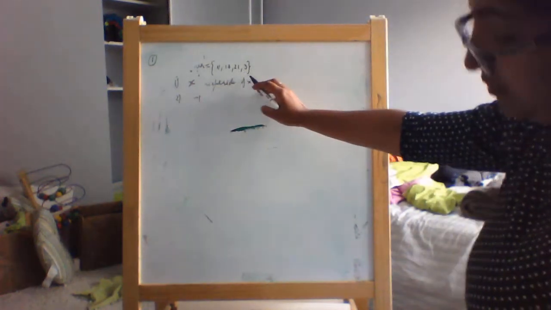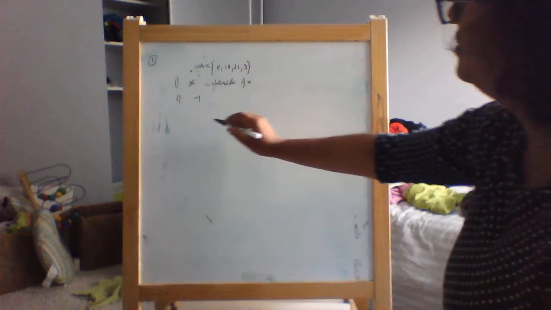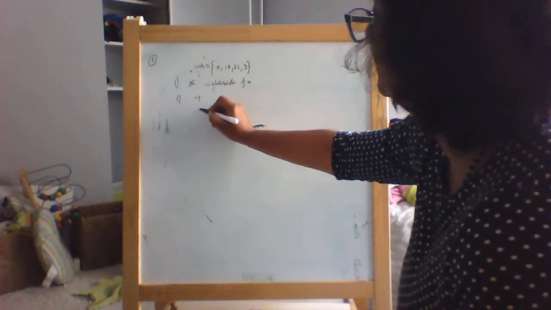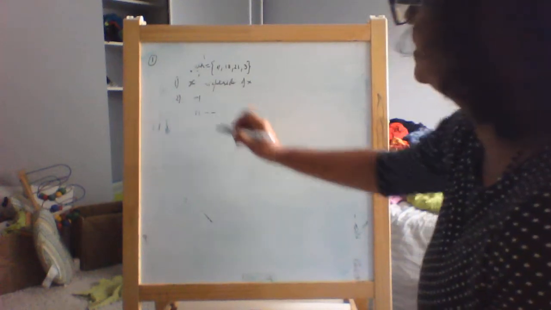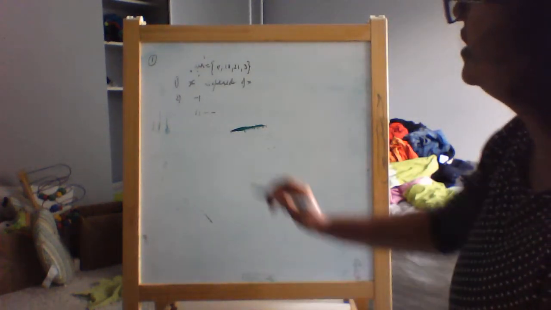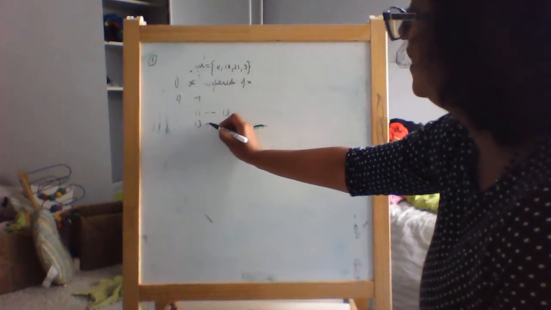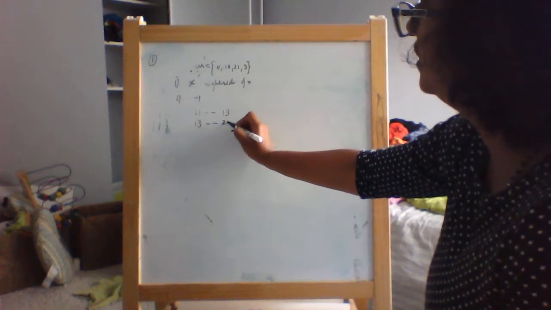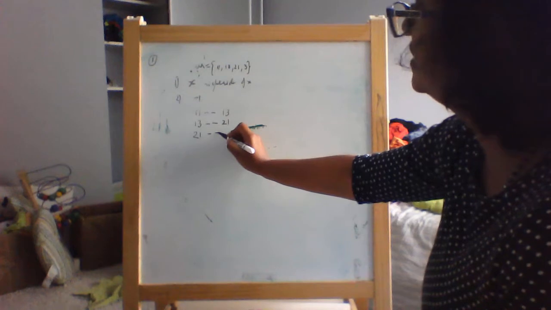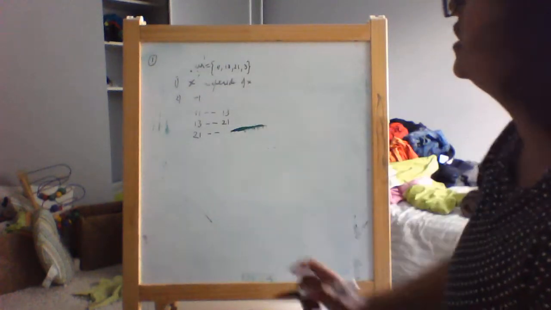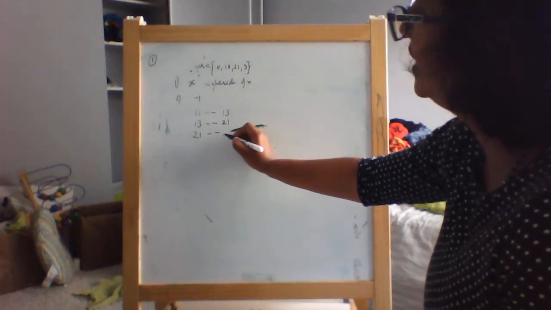So for the above example, let x be 11. The next greater element is 13, and for 13 the next greater element is 21, and for 21, since there is no greater element on the right than 21, the next greater element is -1.